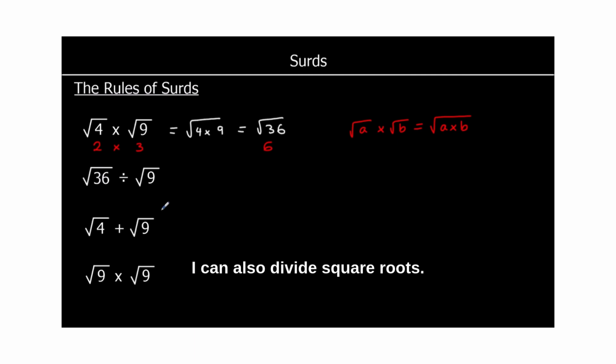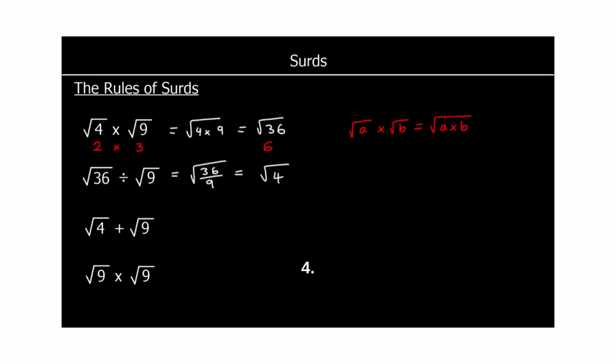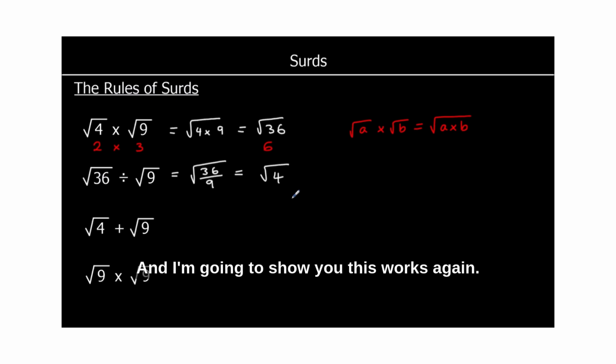The second one, I can also divide square roots. So root 36 divided by root 9 is equal to the square root of 36 over 9, and 36 divided by 9 is 4. And I'm going to show you this works again.